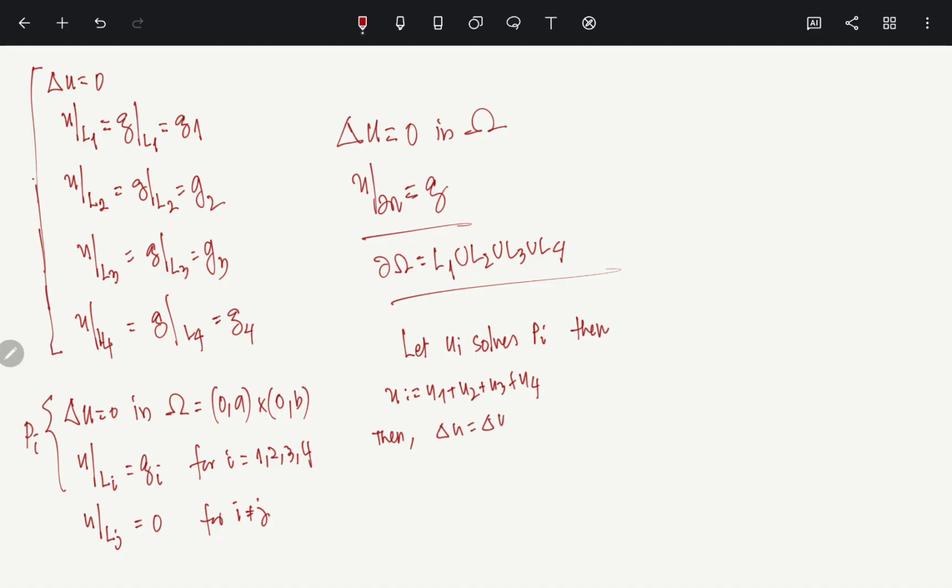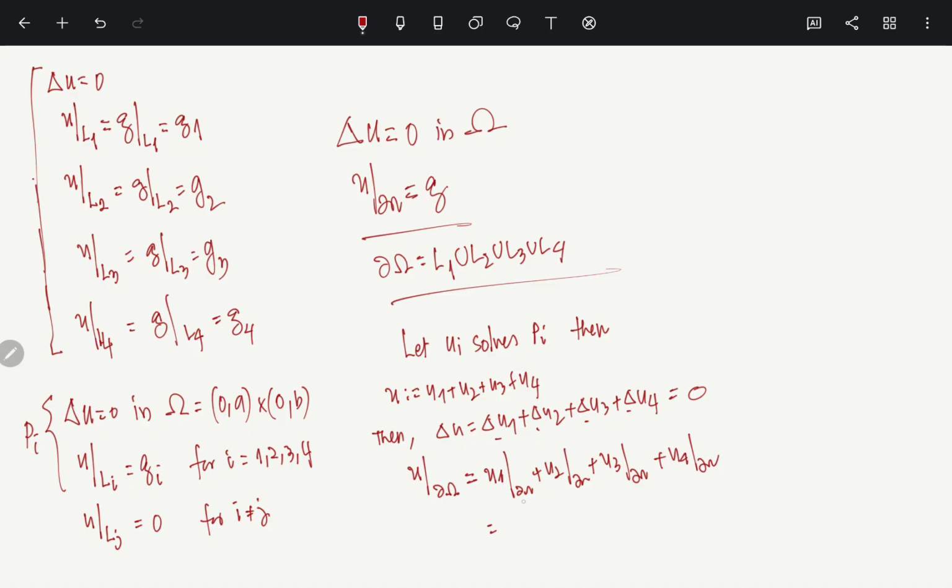Laplacian of u is Laplacian of u1 plus Laplacian of u2 plus Laplacian of u3 plus Laplacian of u4, and all of them are individually 0. So this whole thing is 0. What about u restricted to the boundary del omega? It is u1 restricted to del omega plus u2 restricted to del omega plus u3 restricted to del omega plus u4 restricted to del omega.